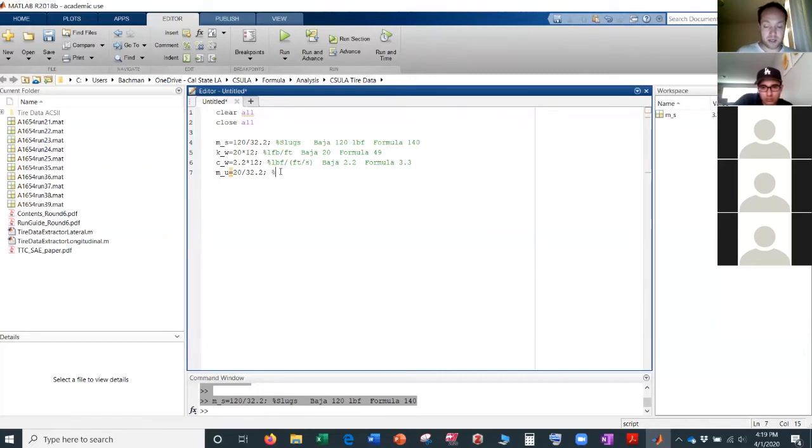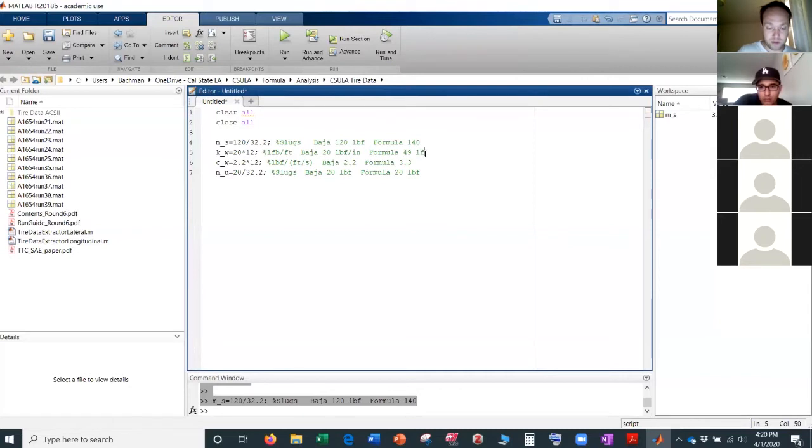Right, which would be in slugs. So Baja said theirs was about 20 pounds force, and Formula said theirs was about 20 pounds force too, right? And this was in pounds force per inch.